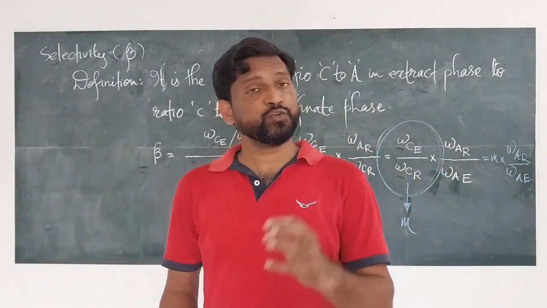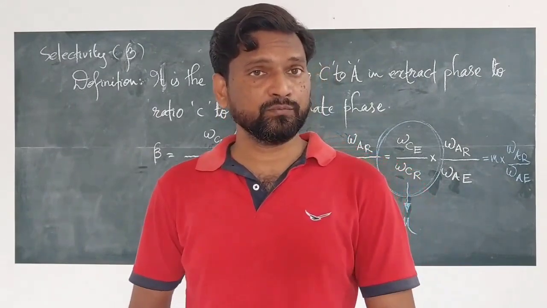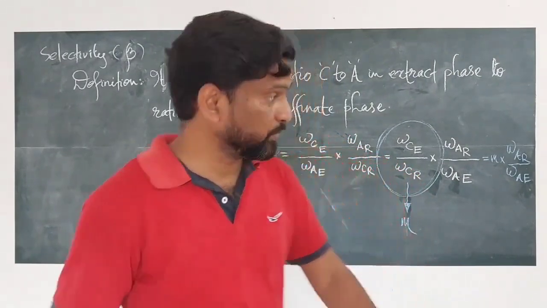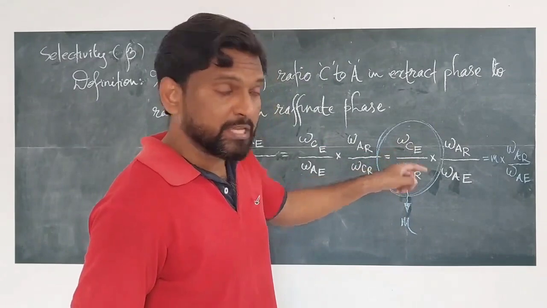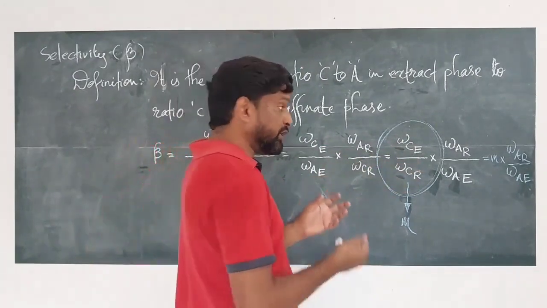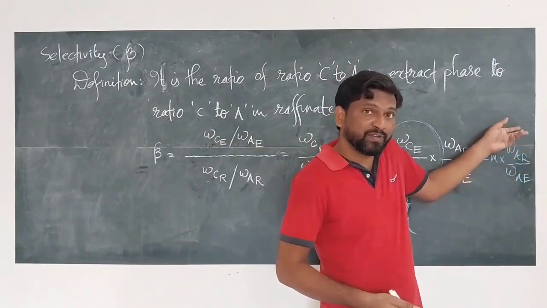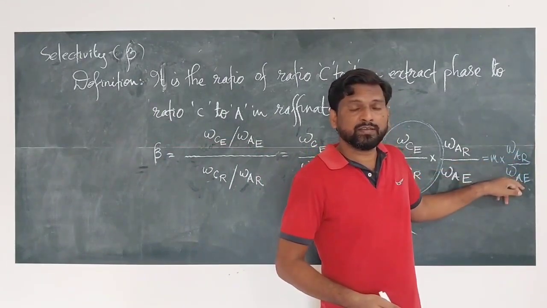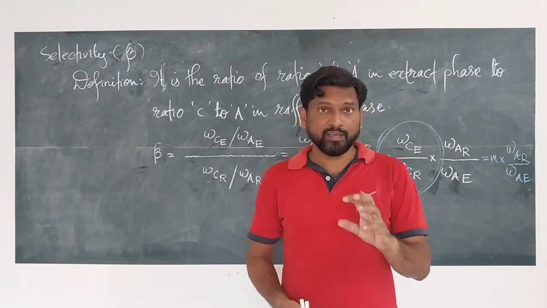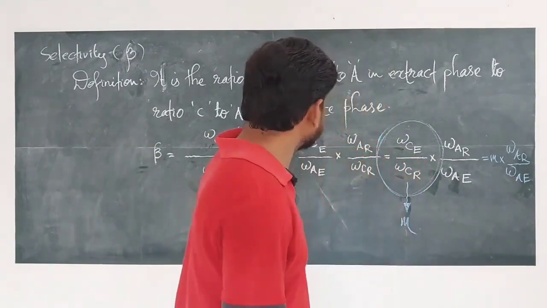So we got the new definition of selectivity now. What is selectivity? According to this relation, selectivity is the distribution coefficient times the ratio of component A in the raffinate phase and the extract phase.